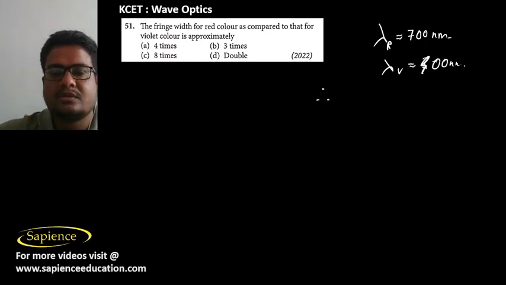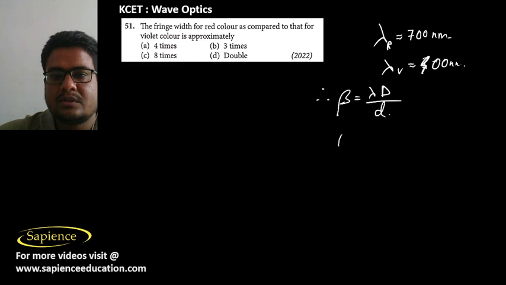Therefore the fringe width beta is given as lambda D by d, so the fringe width is directly proportional to the wavelength.